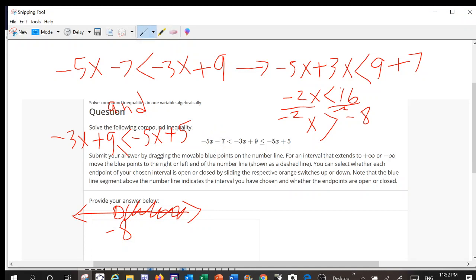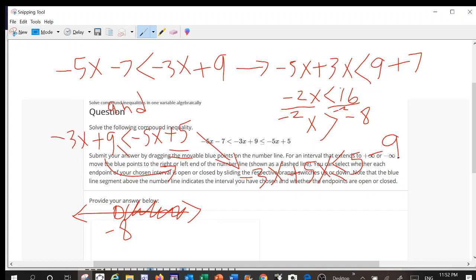Let's do it over here. So move the 5x to the left, so we get negative 3x plus 5x is less than or equal to, 5 is already there. We're going to bring the 9 to this side and make it a minus 9.